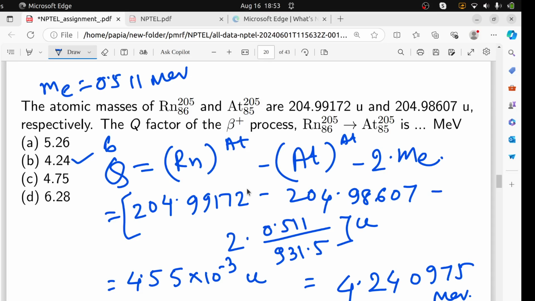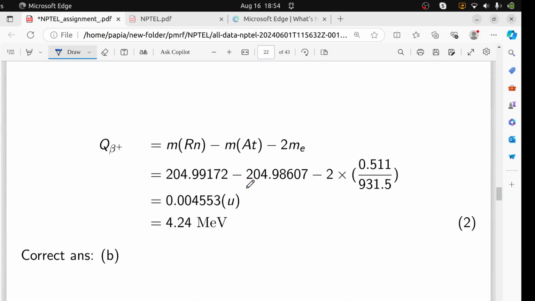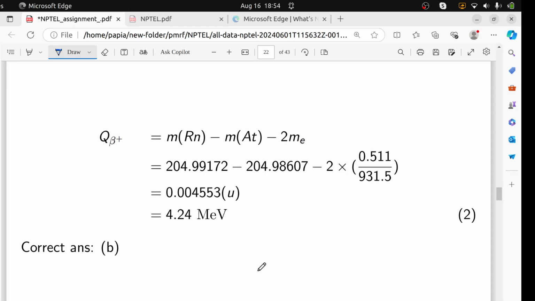Okay. So there is a difference between the beta plus process expression and the beta minus process expression. We need to remember that in terms of atomic mass. But in terms of nuclear mass, it is exactly similar: the nuclear mass of the parent particle minus the nuclear mass of the daughter particle will give the Q value. Okay. So I have written the expression here.